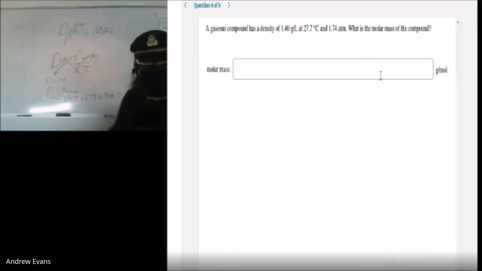So multiplying everything out at this point is just what we have to do. 1.4 times 300.7 times R, which is 0.08206, divided by our pressure, 1.74, gives us a number that's 19.9.